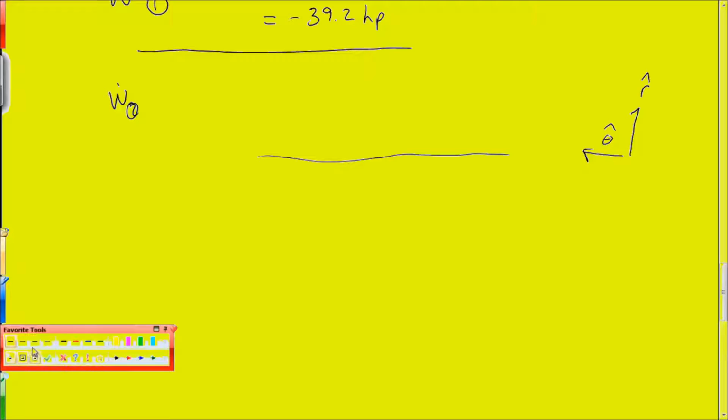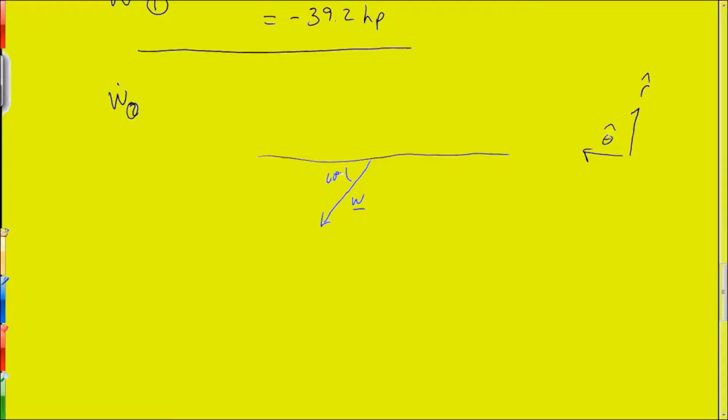And we can draw some vector triangles. So we know that W coming out, this angle here is 120 degrees. I'm just going to write this one here being 60 degrees.